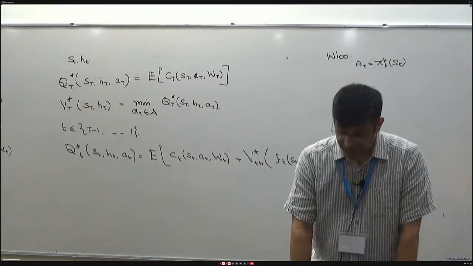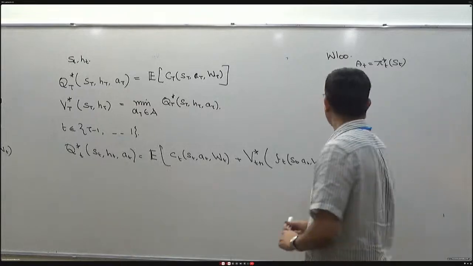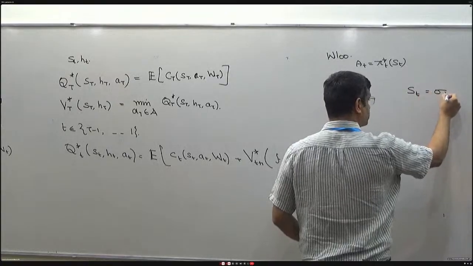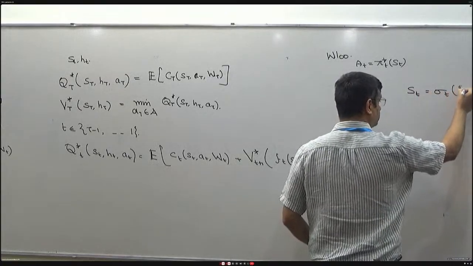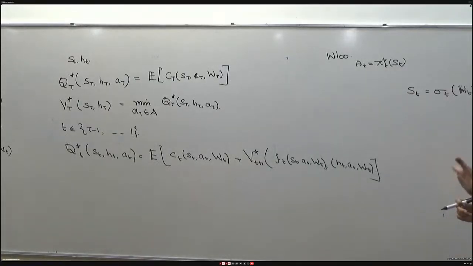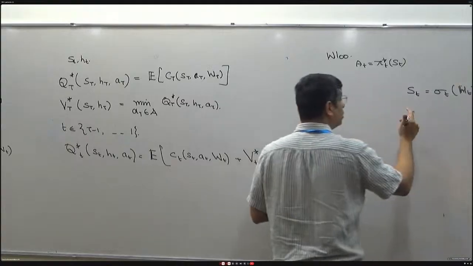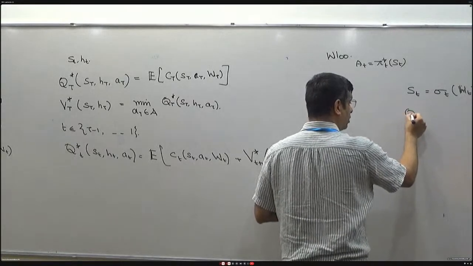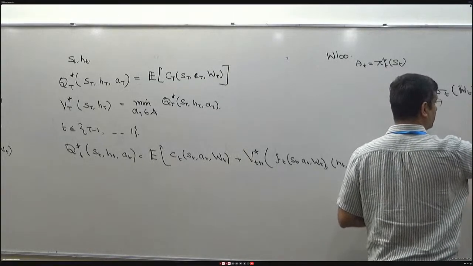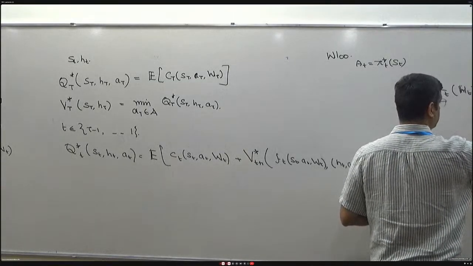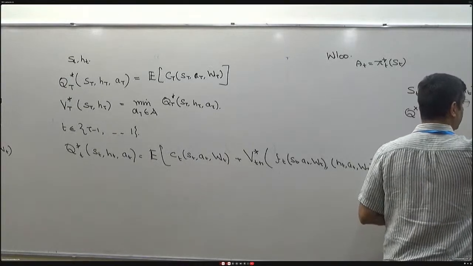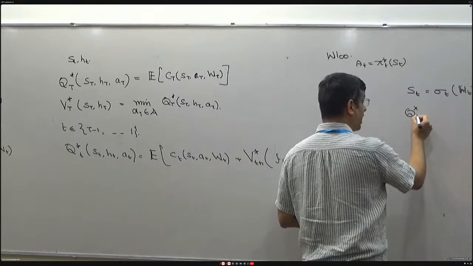Yes, precisely, right? So what I have here is ST is some compression of the history. And so if I want to give a proof, I would have to show that if I take two histories, H1t and H2t, that give me the same state, then I should have the same Q1 star.